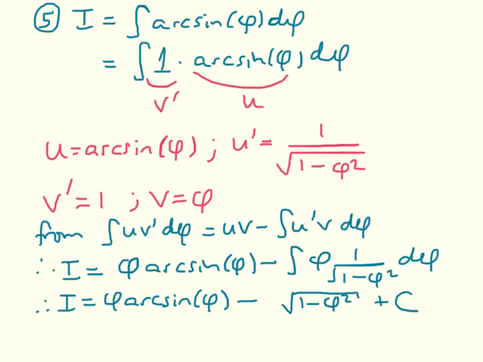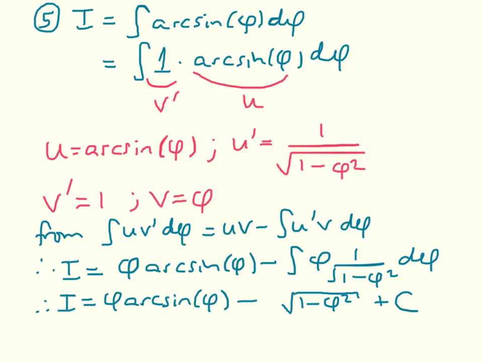And now let's just look at this and see what happens when we differentiate it. If I differentiate that, this is 1 minus phi squared all to the half. I'm going to bring a factor of a half down. I'm then going to reduce the power of this from plus a half to a half minus 1, so minus a half. And that's exactly what I want from here.